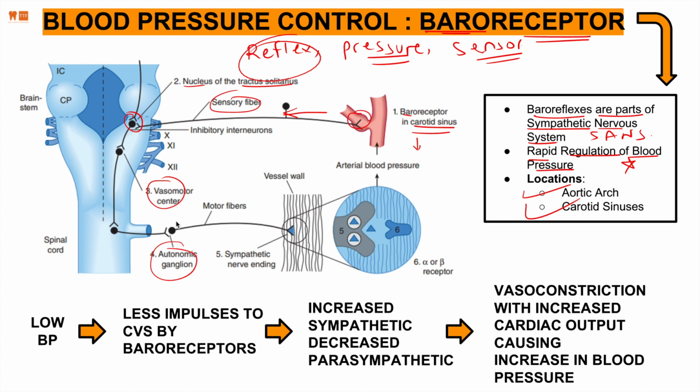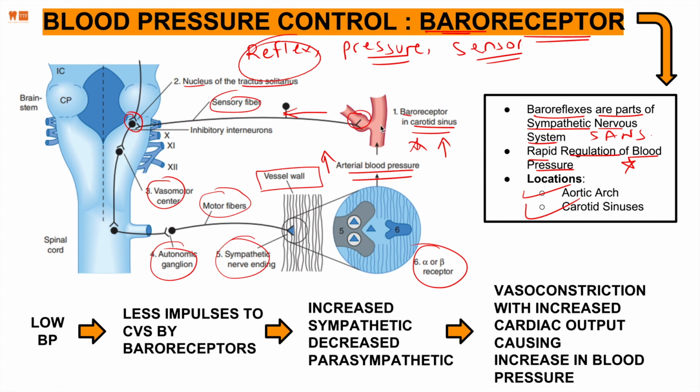So it's like an airport terminal where this flight comes in, lands here, and then a connecting flight goes, where motor fibers are now activated with sympathetic nerve endings at the site, which means these receptors will be alpha and beta receptors. Where is this located? It's located in the heart, the blood vessels, all those places that have the capacity to increase the arterial blood pressure. So when this happens, the blood pressure is no longer low, it is high.